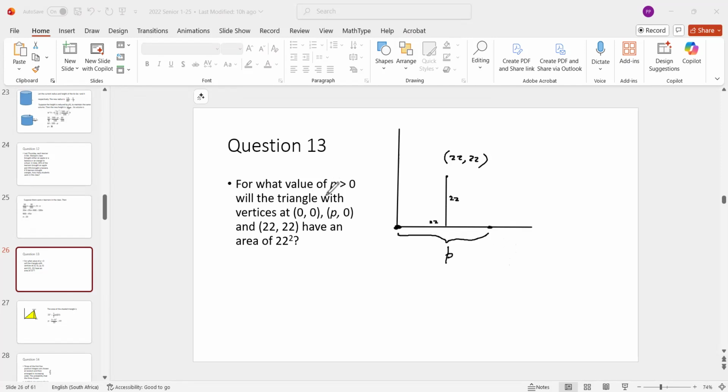Now they want to know the area is 22 squared. The area of this triangle, because it's got three vertices now. So there is a triangle, so let's draw the triangle.